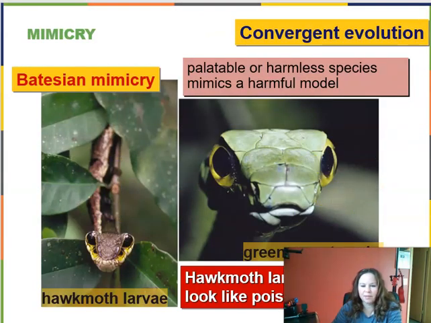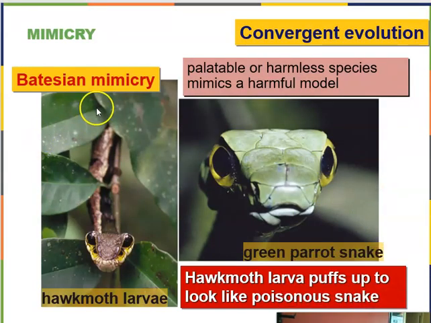And here's that Batesian mimicry with hawk moth larva. Looks just like the head of a snake, doesn't it? But it's just a larva. But that would be good at fooling predators into thinking it's a harmful snake. And here's the actual green parrot snake. Don't they look just like twins almost?